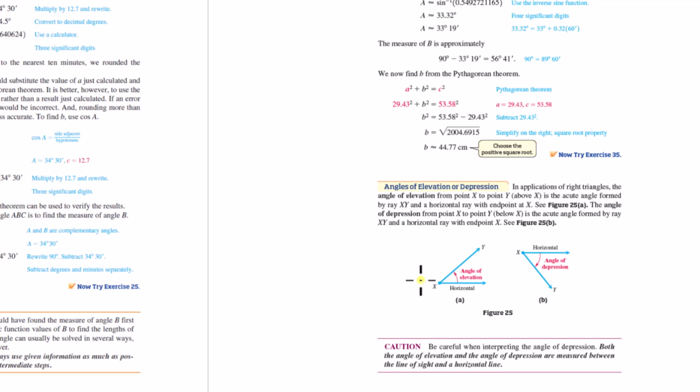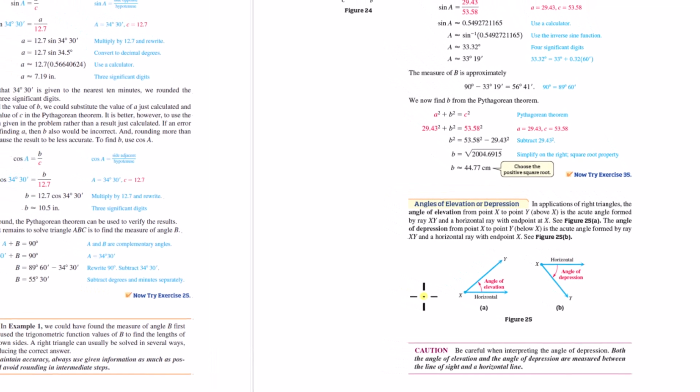That's an angle of elevation, an acute angle though. If it's below the horizontal, it's an angle of depression, but it's always relative to the horizontal. Be careful when interpreting the angle of depression. Both the angle of elevation and the angle of depression are measured between the line of sight and a horizontal line. Yeah, it's always relative to the horizontal when you think about angle of elevation or depression.